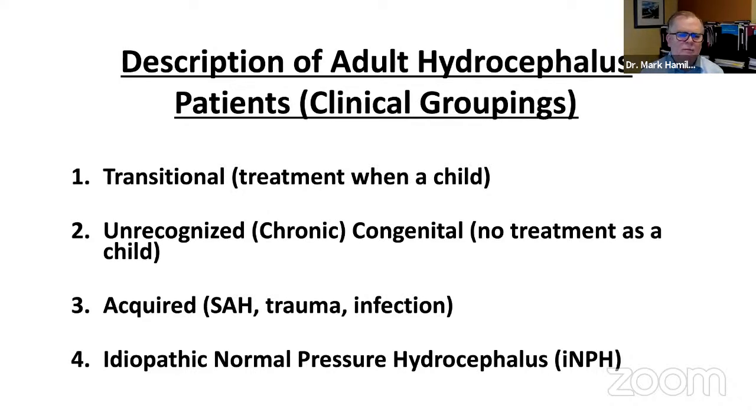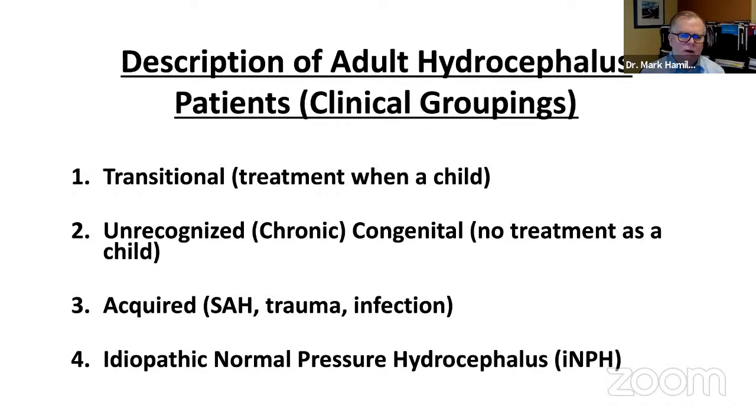It's a clinical or pragmatic classification, but it's very useful because it really describes what you see in a broad adult hydrocephalus practice. So are they the transitional patients? They were treated when a child, so they become adults, and they have a lot of the issues of shunt management that they had when they were children.